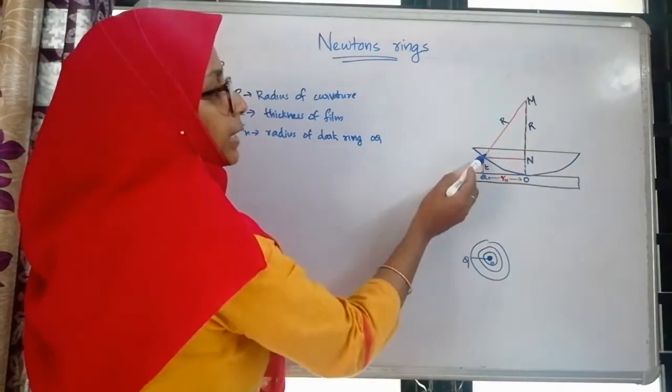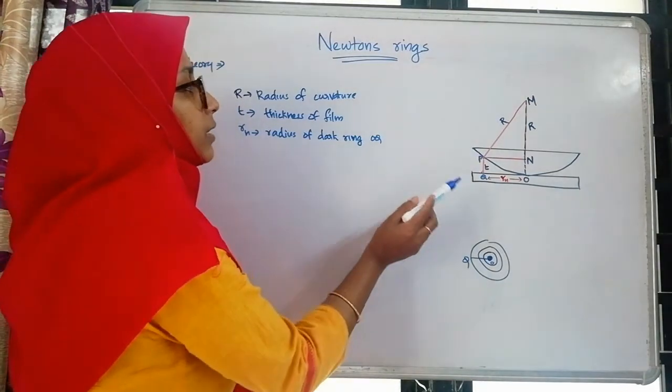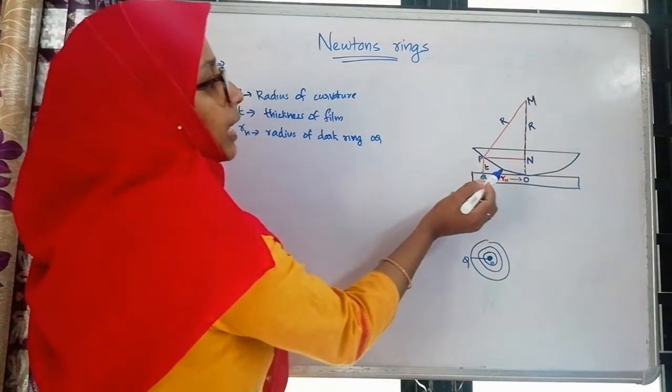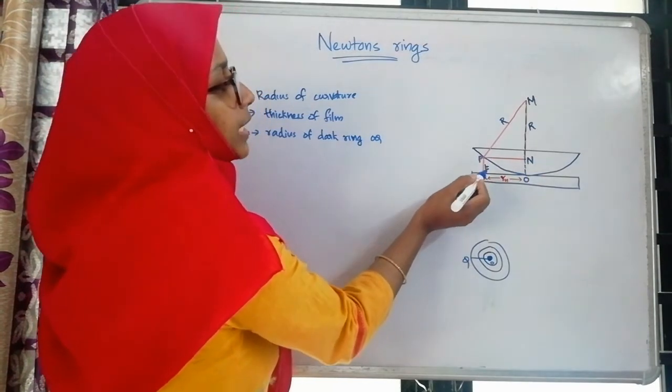Let R be the radius of curvature of this plano convex lens, and consider an air film having a thickness T with a dark fringe.